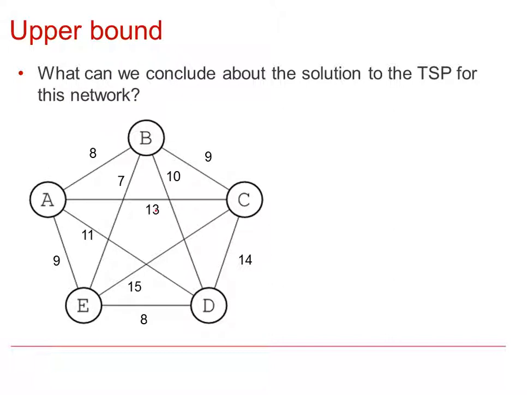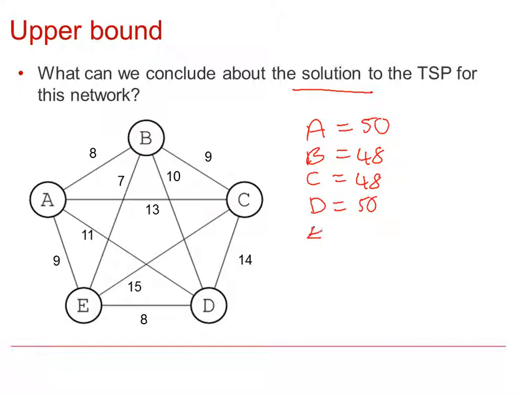Okay, so what can we conclude about the solution to the travelling salesperson problem for this network based on our results? Well, if we remember in the table, starting at node A gave us a tour length of 50, B gave us a tour length of 48, C a tour length of 48, D a tour length of 50, and E a tour length of 55.